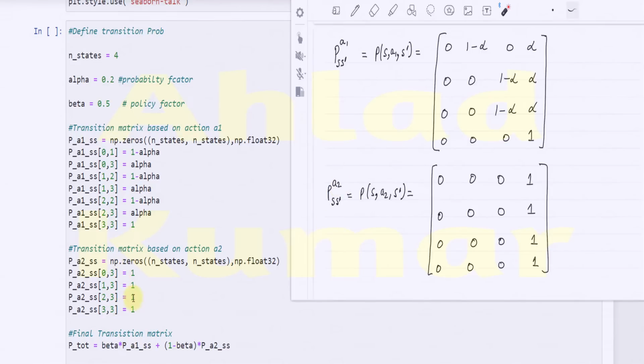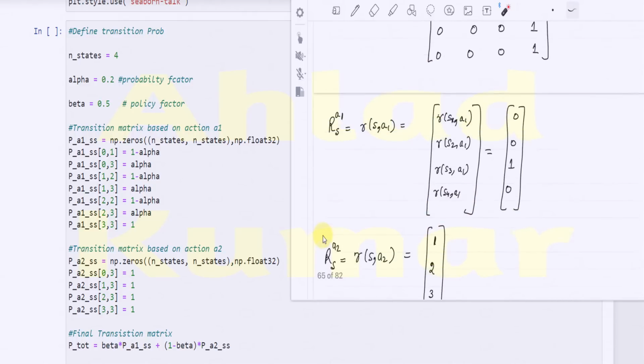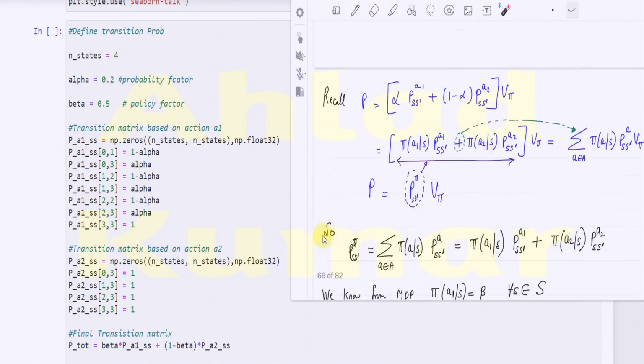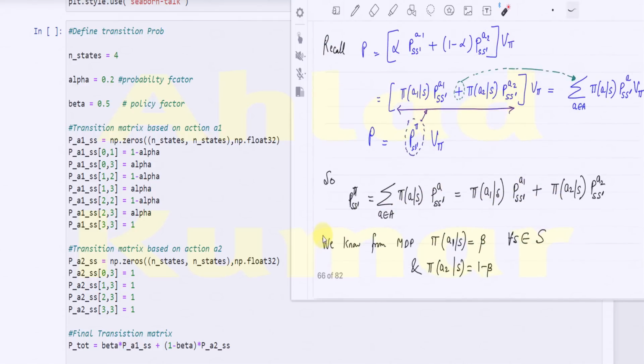You can see the way we have implemented it, and we are calling this P_A2_SS, which defines the state transition based on action A2.